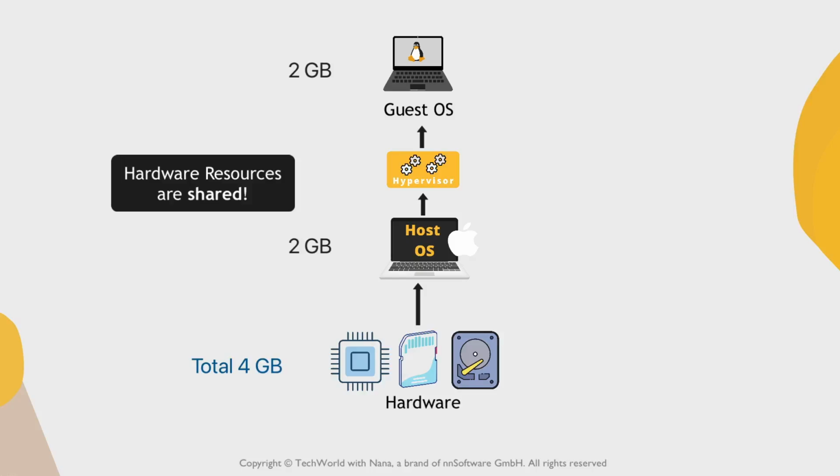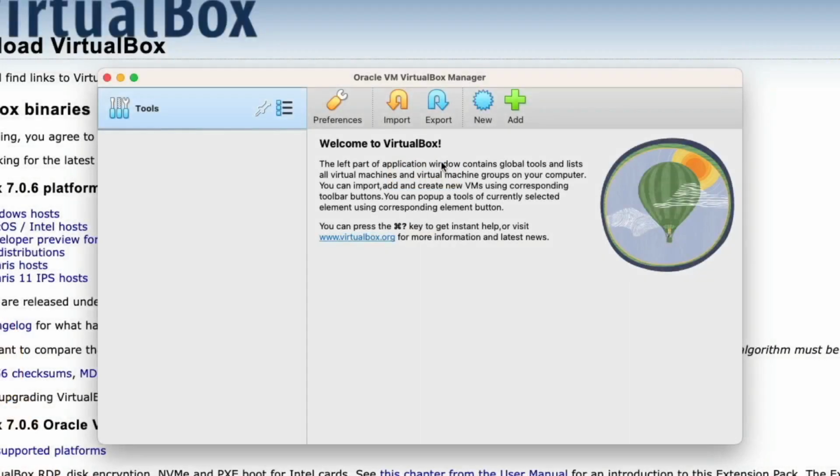Your host operating system, in this case Mac, is already using up some hardware resources. And on top of that, we're going to create another machine, which is going to require its own hardware resources. And 4 gigabytes of RAM, I would say, is really the lowest limit. So make sure you have that on your computer.